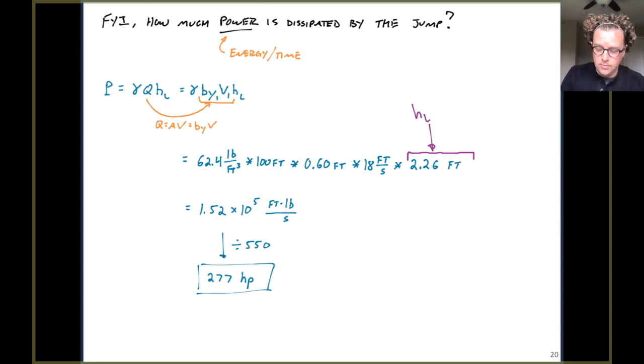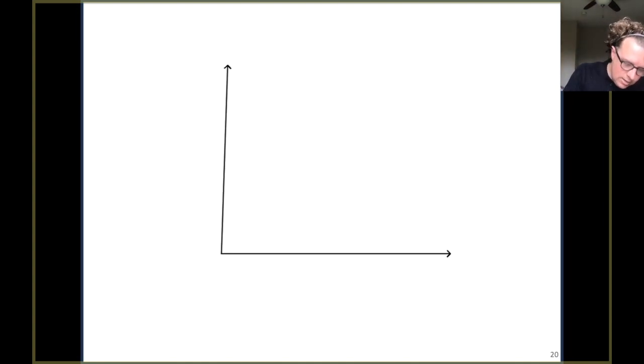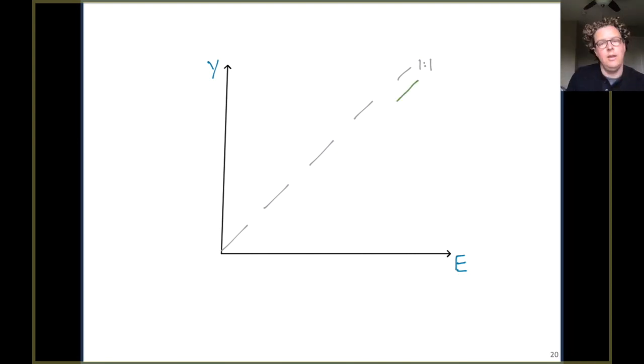Now, the last thing that I want to show you all is what this means in terms of specific energy. Right? And so for our specific energy diagram, of course, we have depth of flow on the y-axis and our energy on the x-axis. And you all are used to seeing me draw it with this diagonal one-to-one line on there. For a given flow rate, we have something like this.